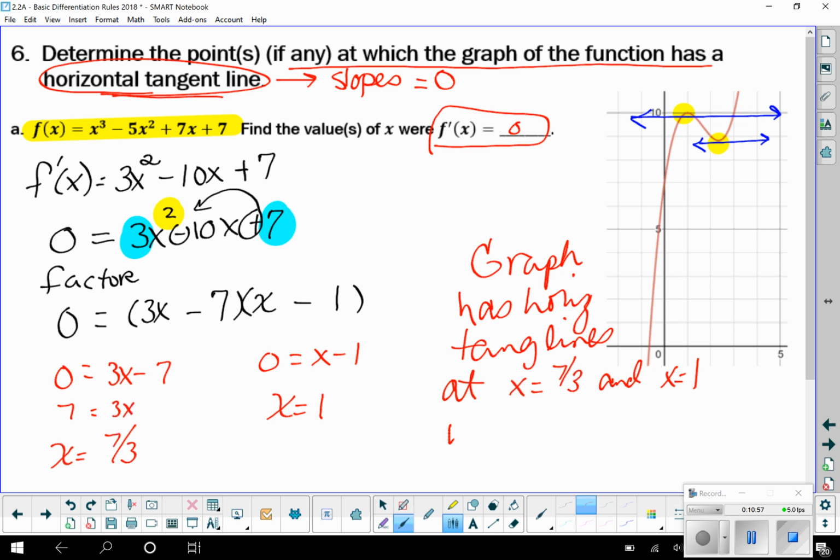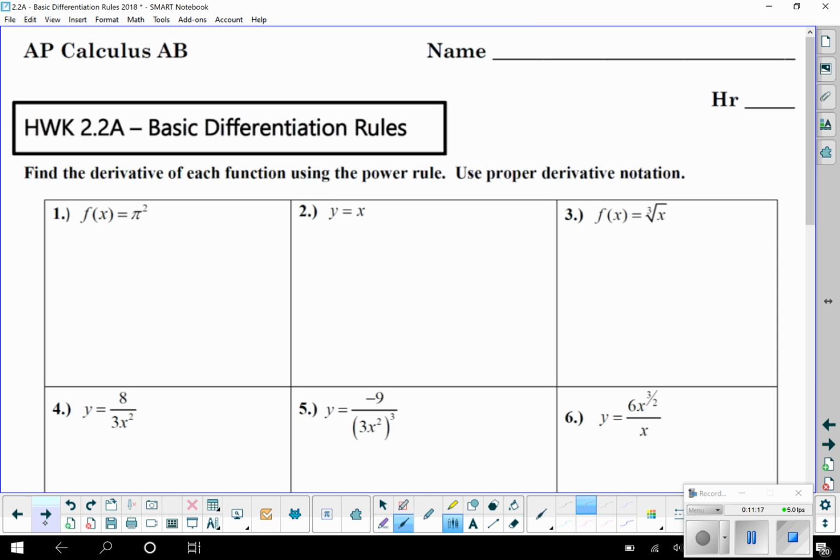And that's because f prime of x equals 0 at these values. It's always nice to have your reason why you're able to get that solution. And I think that's about it for the notes today.